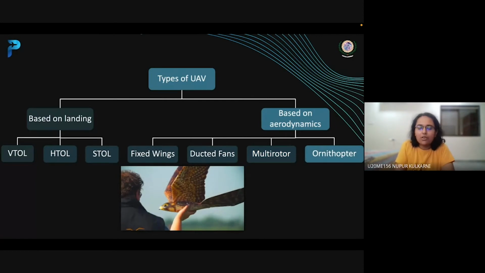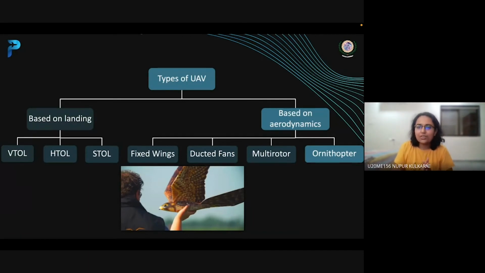Next, we have the ornithopter. An ornithopter is an aircraft which imitates birds, as you can see in the image. It is based on the flapping wing mechanism, in which lift is generated when the wings are flapped. Thus, it is trying to imitate birds.